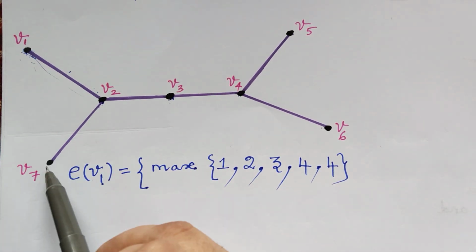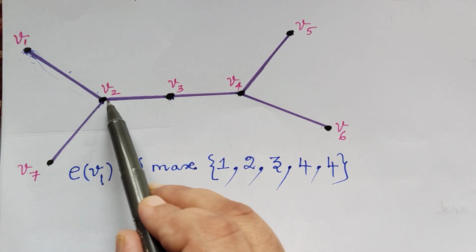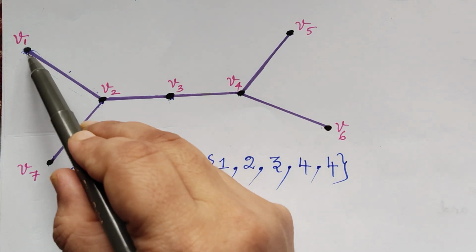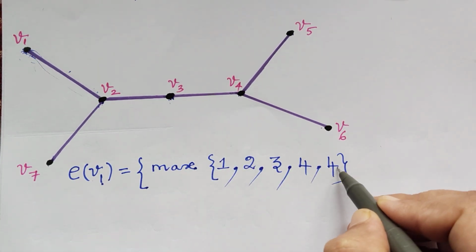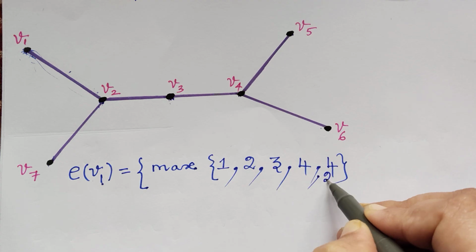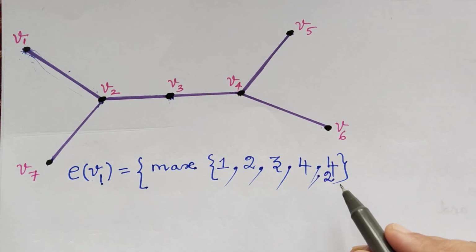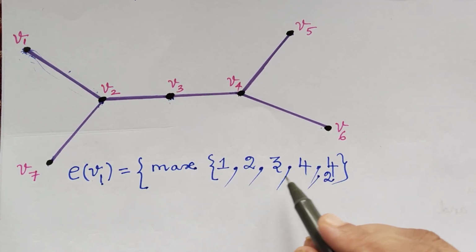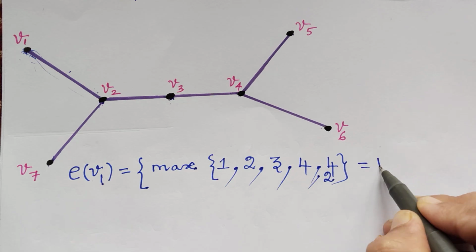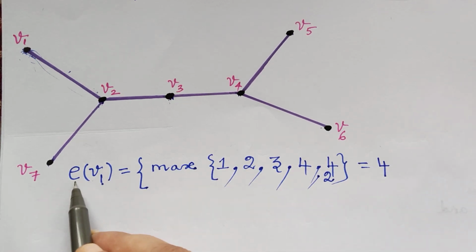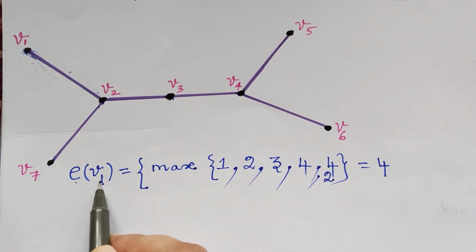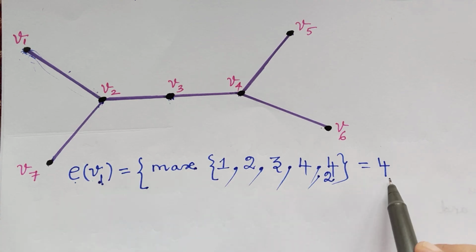From V1 to V7 the path is V1 to V2, V2 to V7, so there are two edges, that is 2. Now what is the maximum of all these values? The maximum of all these values is 4. Therefore the eccentricity of the vertex V1 for this graph is 4.